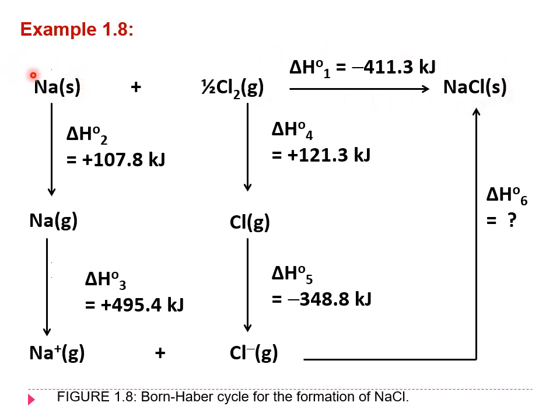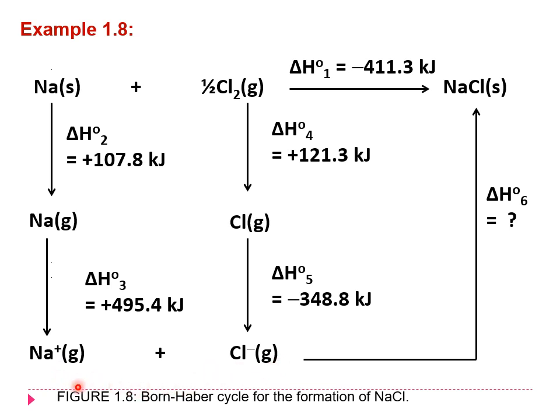You can see this is the constituent element, sodium in the solid form and chlorine gas in gas form, forming sodium chloride, an ionic solid. And ionic solid, NaCl, comes from down here, Na plus gas and Cl minus gas.